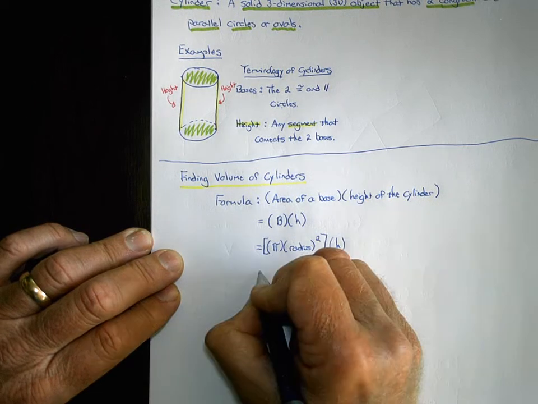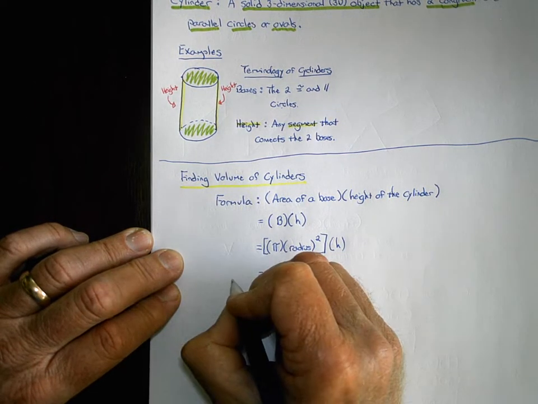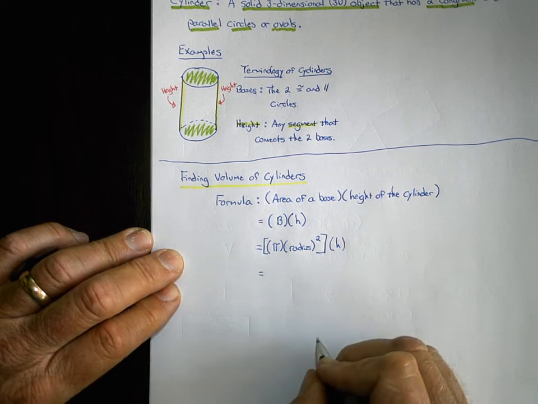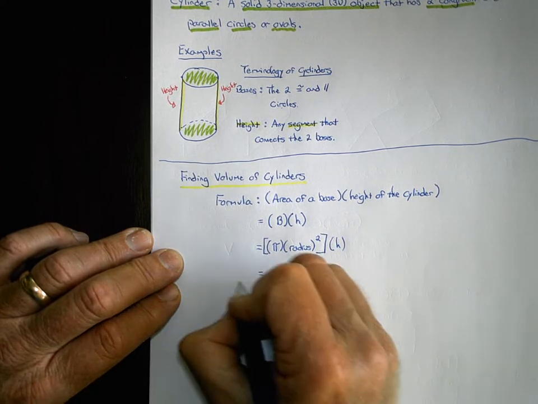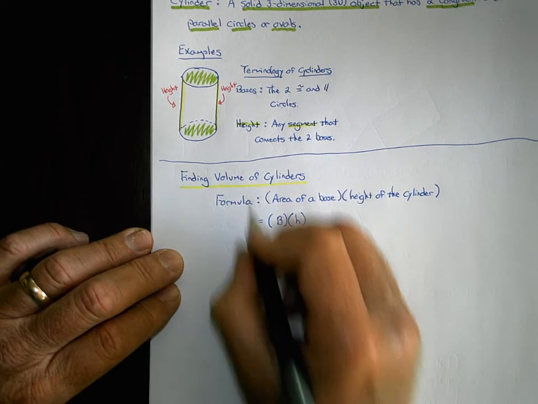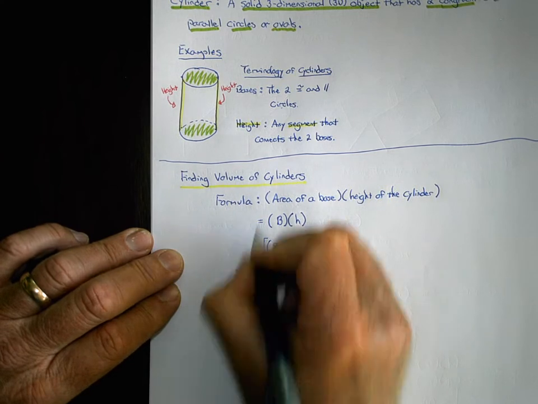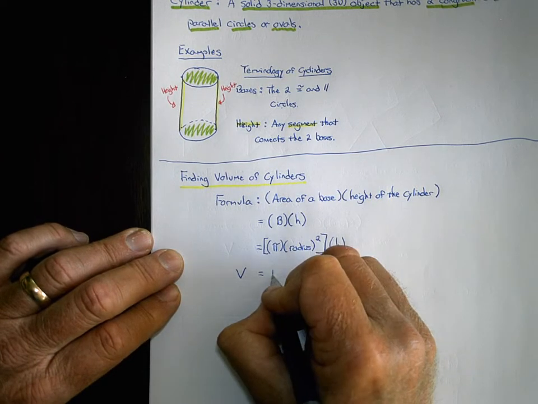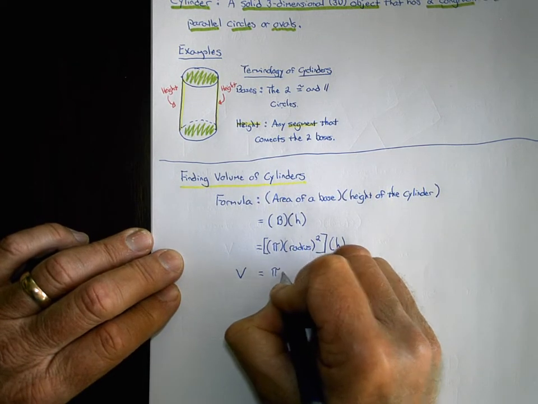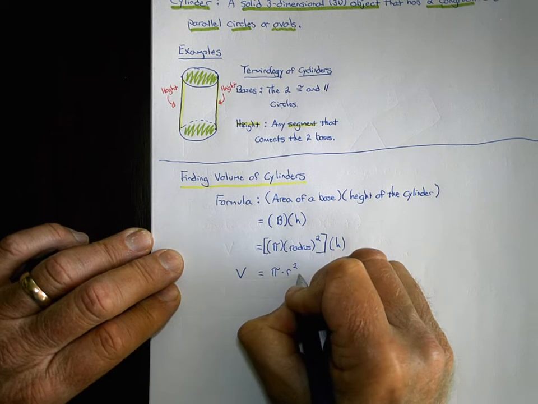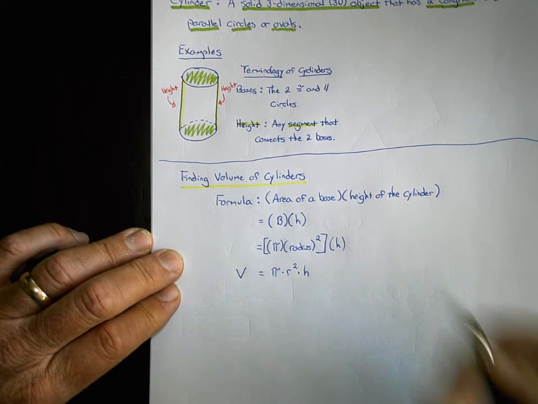So if you really were looking at a mathematical book, they would tell you that the formula to find volume, V, volume of a cylinder, is pi times r squared times h.